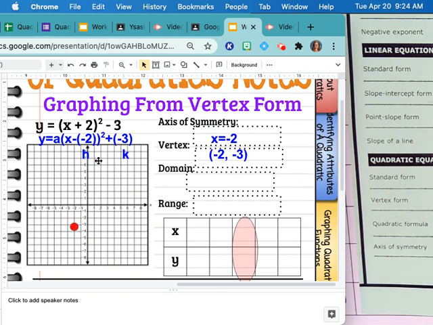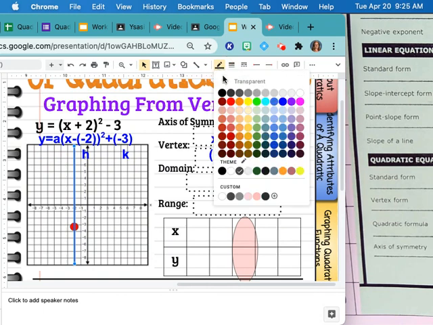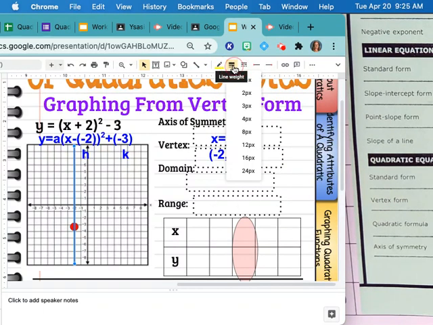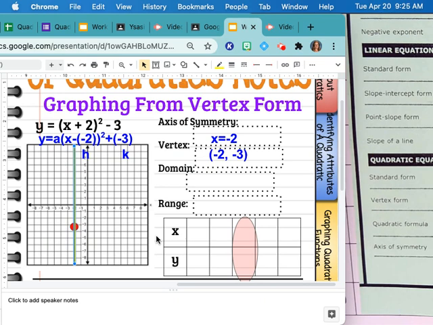So we need to go to the right side and then reflect it to the left side. Let's also do our line, our axis of symmetry. I made mine yellow and I'm kind of darkening it up a little bit. There's my line of axis of symmetry, x equals negative 2.